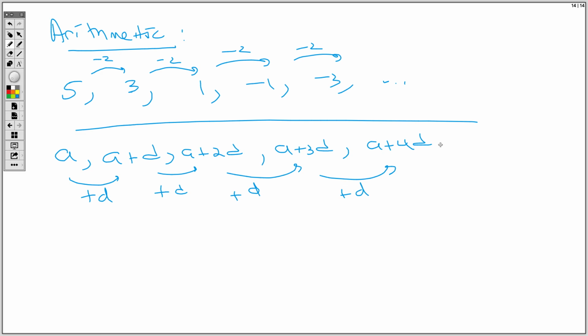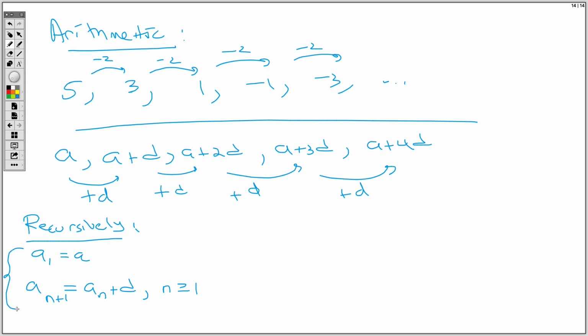There's a couple different ways to describe this. You can describe this recursively. A sub 1 is a, and a sub n plus 1 is a sub n plus d for n bigger than or equal to 1. So you're starting at a, and the way you go from one to the next is you add d.